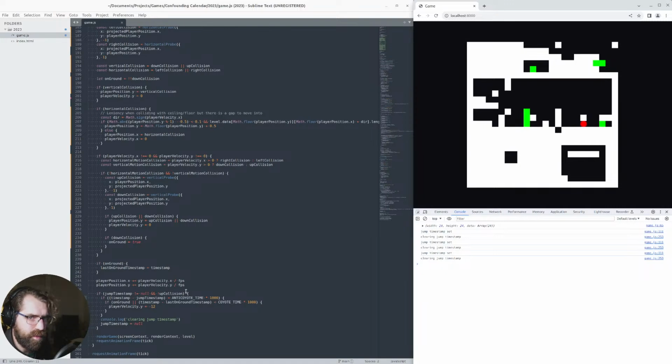And no up collision. There should be an up collision, right? At that point. Maybe there's not. There isn't. Of course there isn't, because the up collision is based on projected position. Interesting.